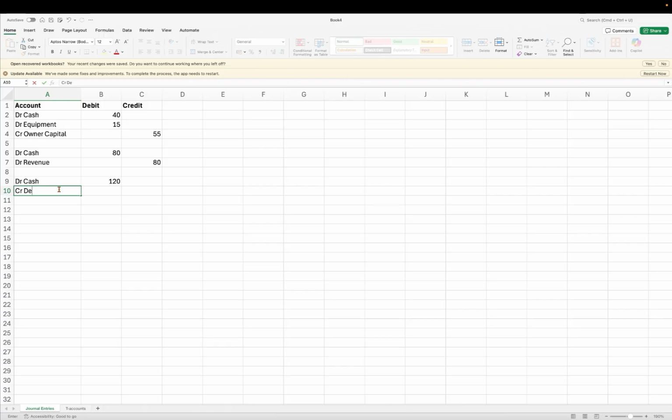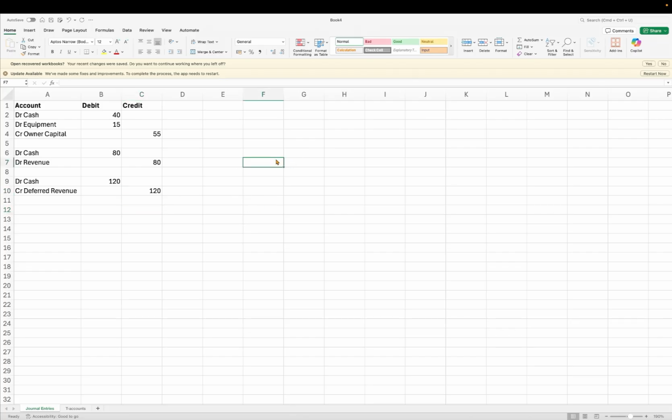Of course, since the business still owes protection services to the customer, this creates a liability. This liability is called deferred revenue. Liabilities increase with credits. So I credit deferred revenue for 120. This keeps the journal entry balanced because the debit and the credit are both 120.